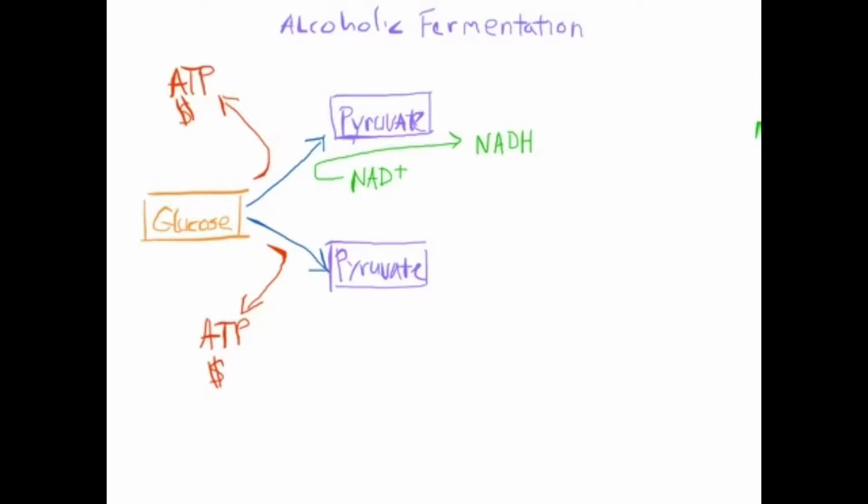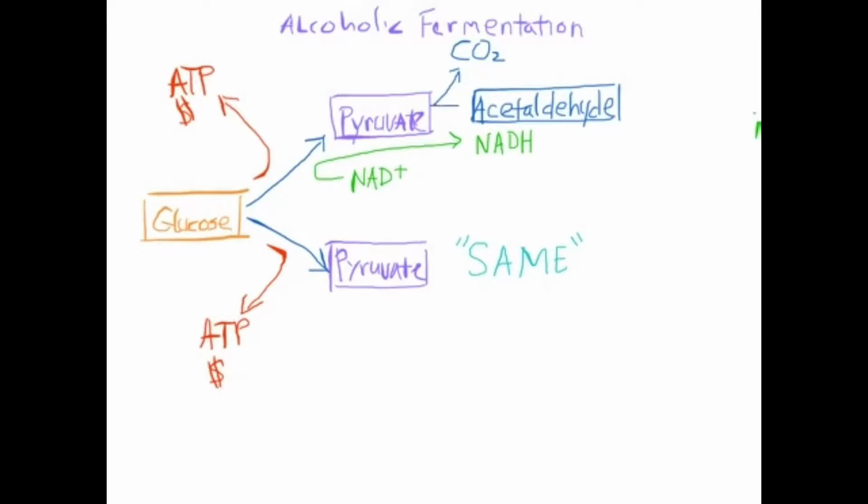What I'm showing you above also happens here, so I'm just going to say same, so you'll understand that this pathway is just like the one above. Next, the pyruvate loses a molecule of CO2, which is a gas, and turns into an intermediate called acetaldehyde.